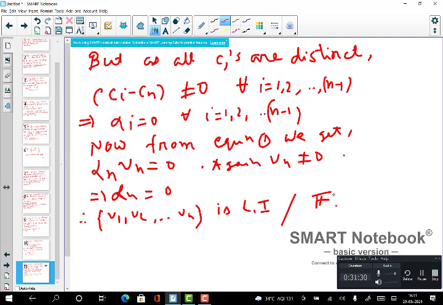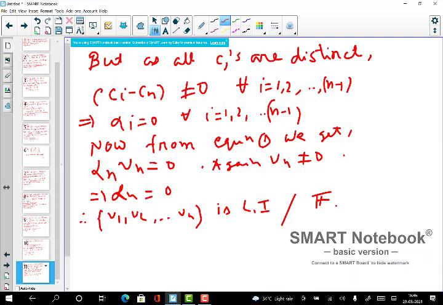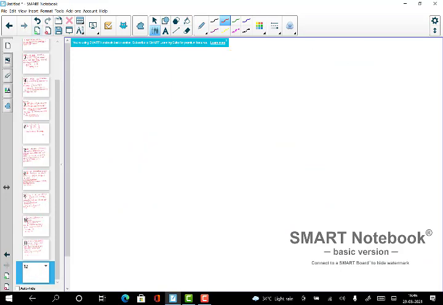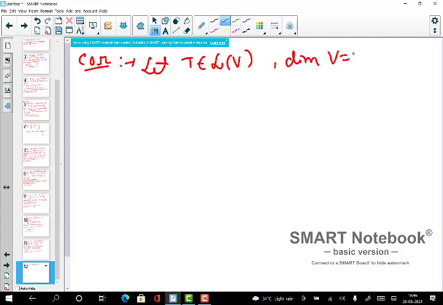So we proved that whenever you have distinct eigenvalues, then the eigenvectors corresponding to the eigenvalues are all linearly independent. So what is the immediate corollary of this theorem? It tells you that if you have a linear operator whose eigenvalues are all distinct, then it must be diagonalizable, right? So how do I do it? Let T belong to L(V) and the dimension of V be equal to say n.